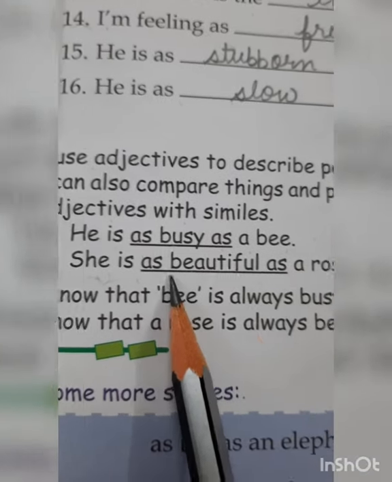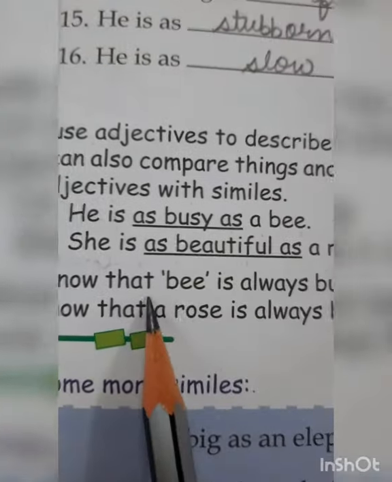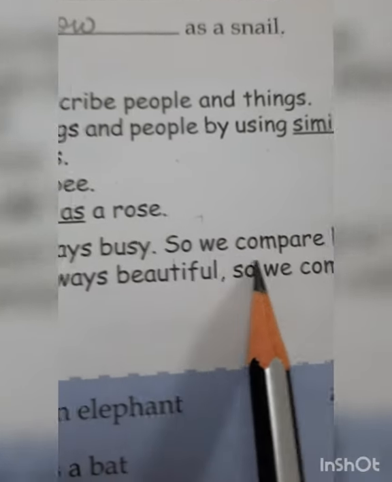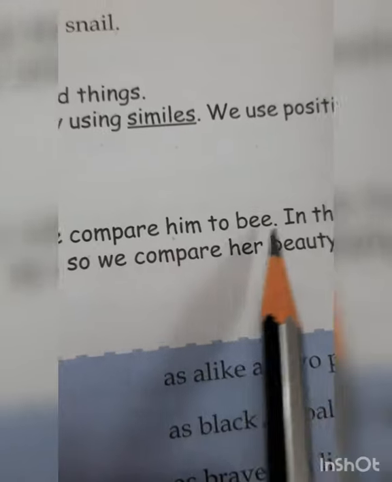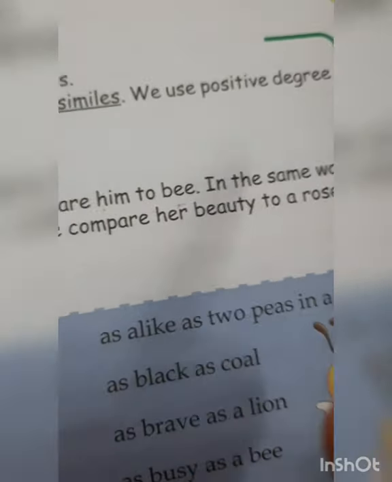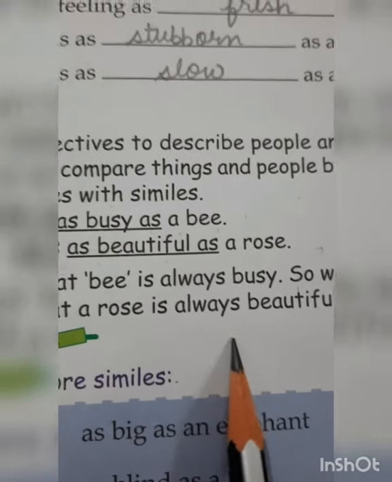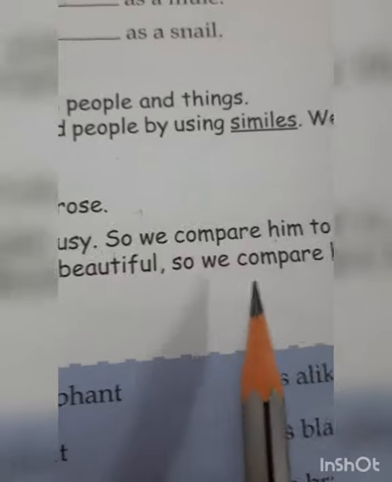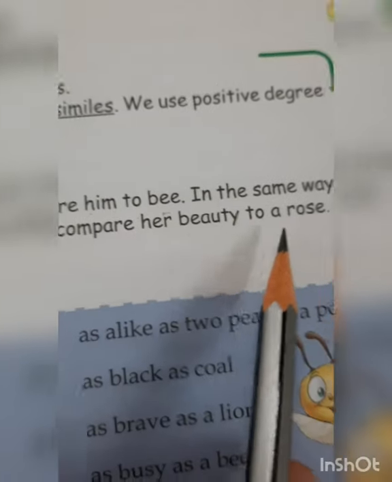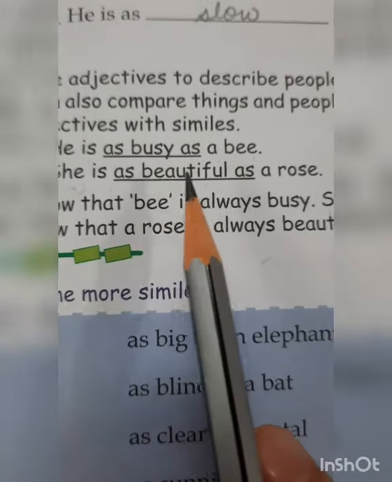She is as beautiful as a rose. See, we know that bee is always busy, so we compare him to bee, but we are using positive degree. In the same way, we know that rose is always beautiful. So we compare her beauty to a rose, but we are using positive degree.